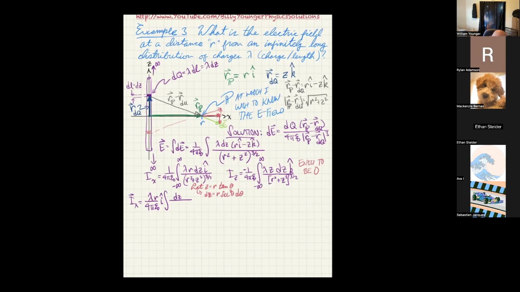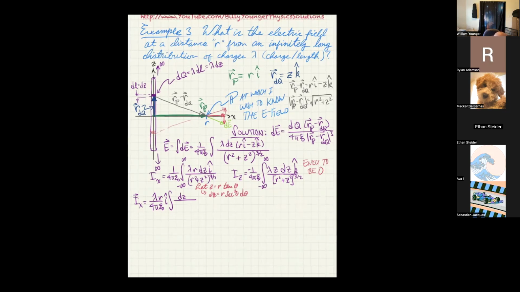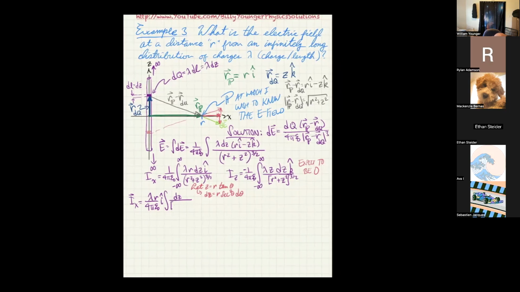When I do this, watch what happens. I now have r squared plus r squared tangent squared theta, all that raised to the 3/2. You can clearly make that r squared come out in front, and it'd be r squared times 1 plus tangent squared theta. And everybody knows that 1 plus tangent squared is equal to, anyone?